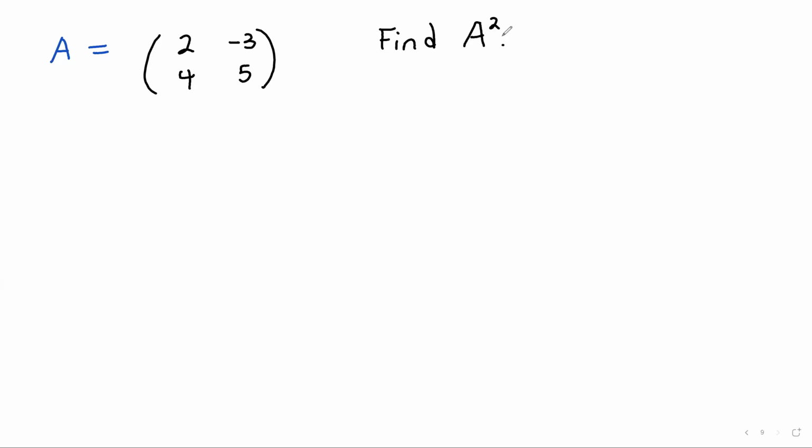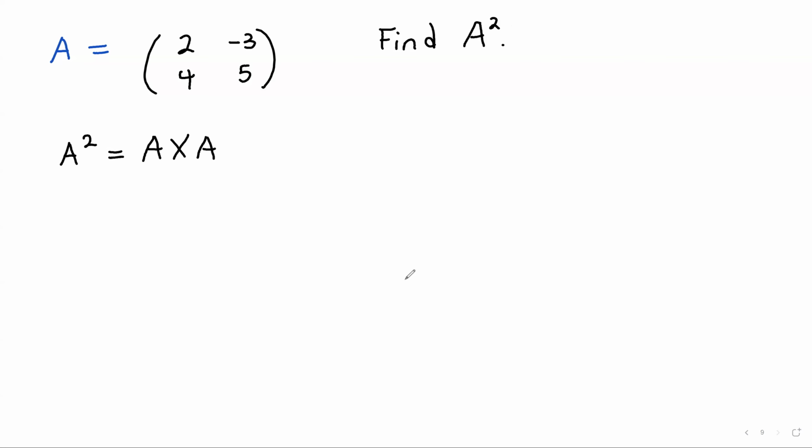Finding A squared, guys, does not mean that we just square each term inside of the matrix. So it doesn't mean that it'll be 2 squared, -3 squared, 4 squared, 5 squared. That's not what A squared means. A squared, as you know, means A times A, right? So A squared, in terms of matrices, you would have to multiply the entire matrix A by itself.